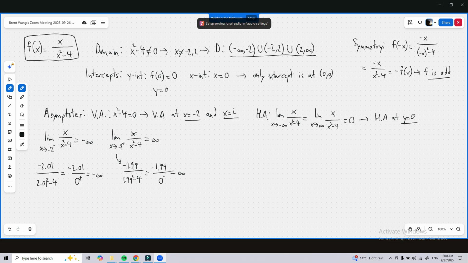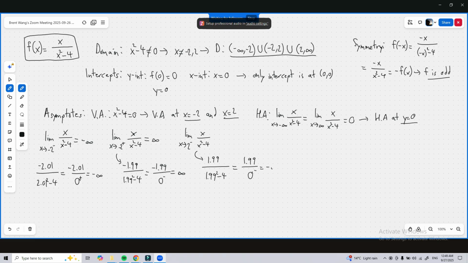Let's look at the next one-sided limit. Limit as x approaches 2 from the negative side of f of x. So let's choose a number like 1.99 over 1.99 squared minus 4. We'd have some positive number, and then 1.99 squared minus 4 would be a very, very small negative number.